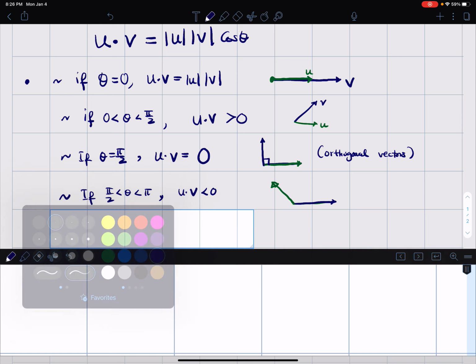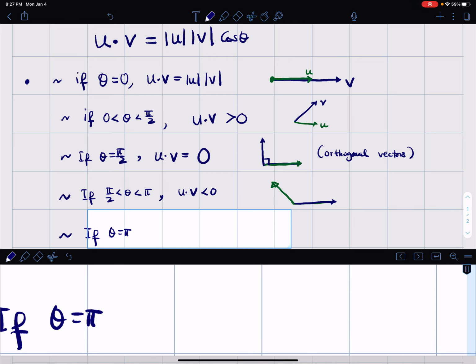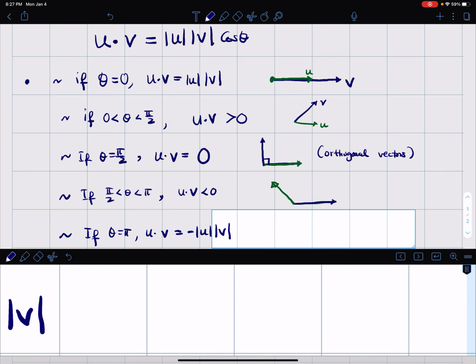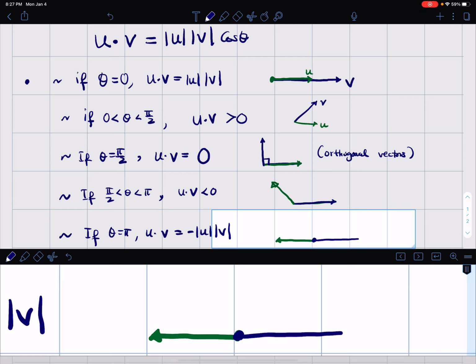And lastly, let's look at the last case. If theta is equal to pi, then u dot v is going to be negative magnitude of u times magnitude of v. So having known why the first case holds, explaining to yourself why this one holds should be easy.